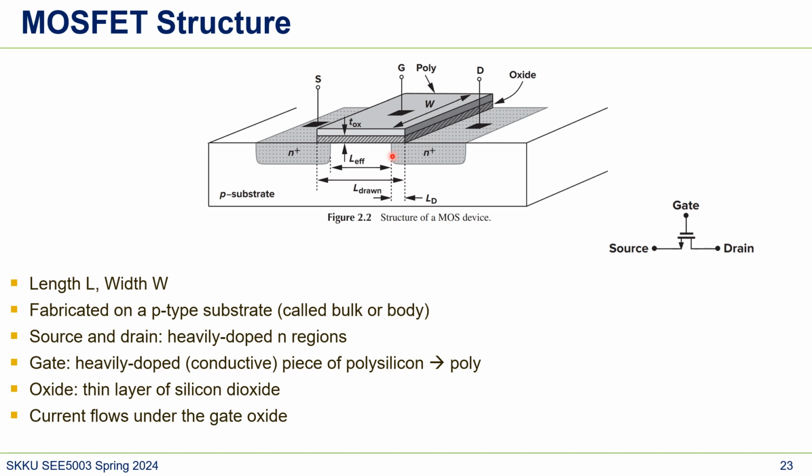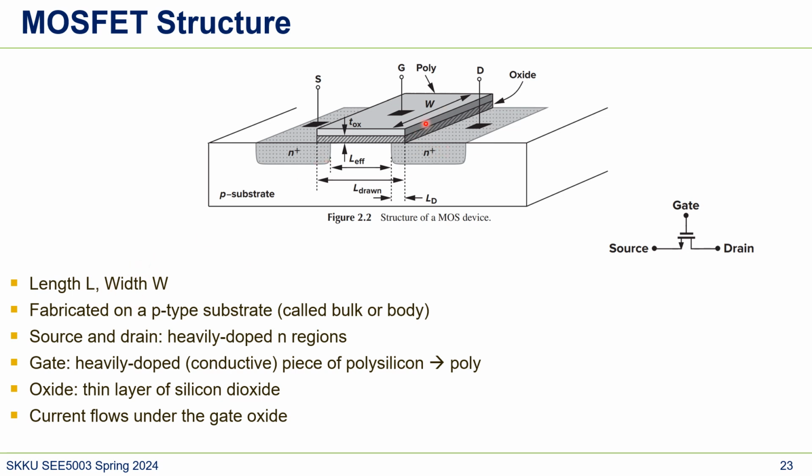If current has a hard time to travel, the resistance is large, right? Because R is equal to V over I. If current is large, then resistance is small. So again, if L is large, current has a hard time to flow, so resistance goes up.